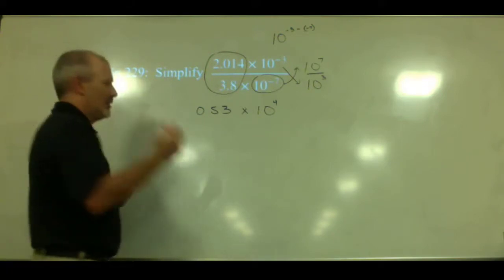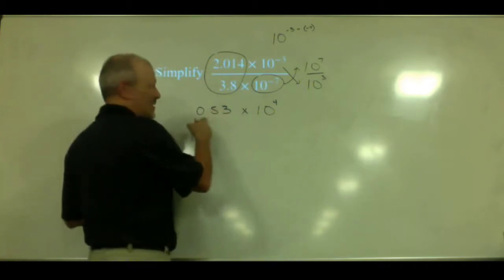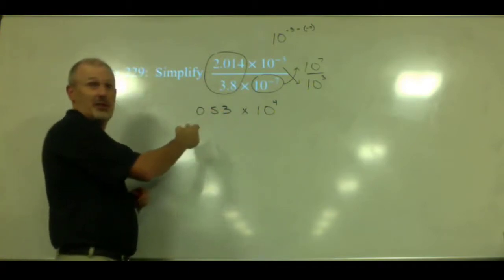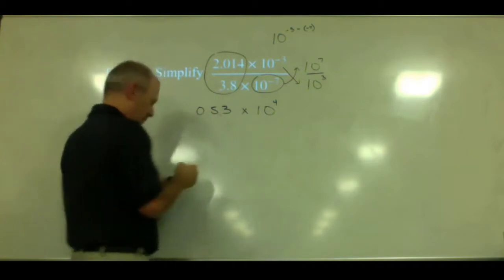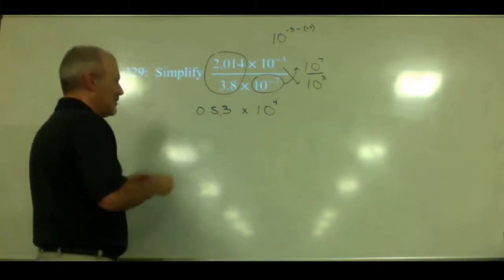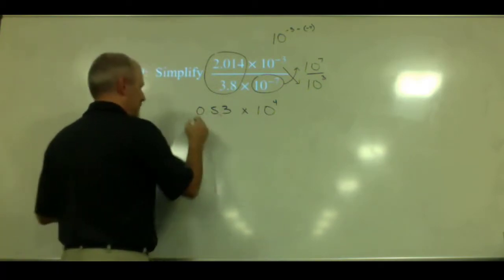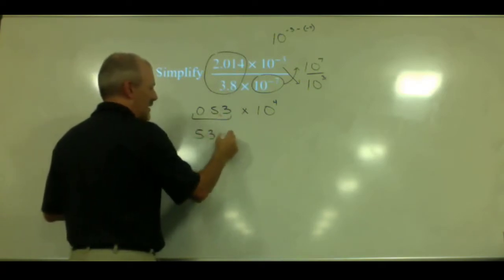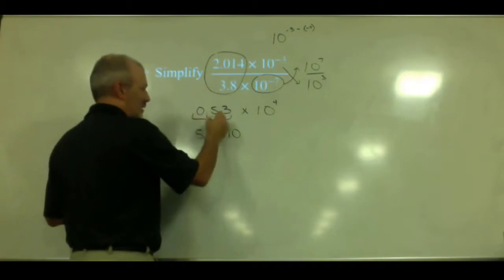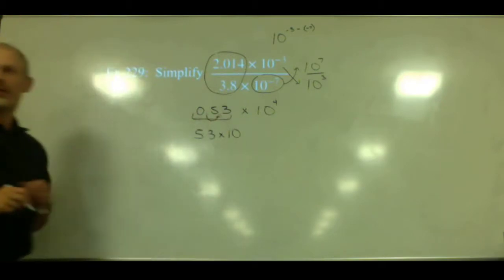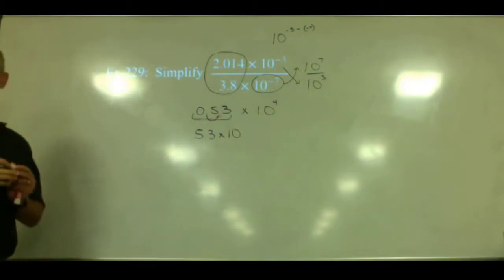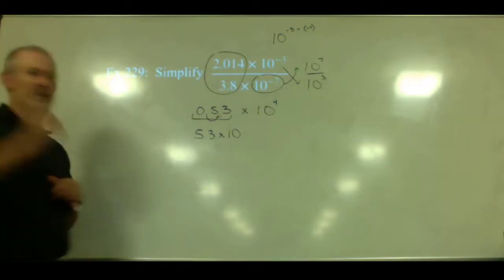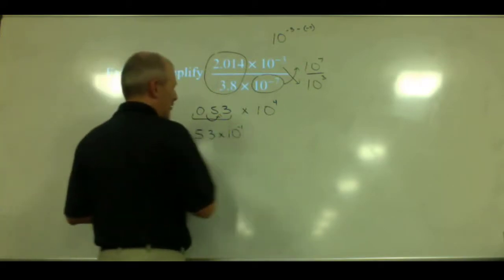After the 5. Right, because you see that this is smaller than 1, so we've got to put it there. So if we just deal with this part, we would have 5.3 times 10 to what power? -1. It's -1 because we moved it 1 space and it was a really small number.